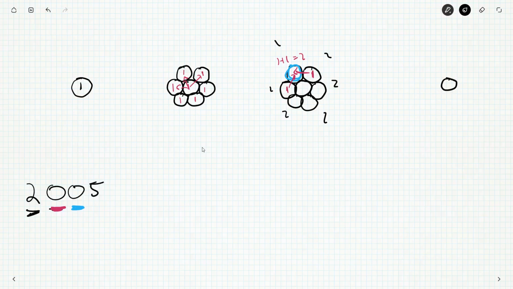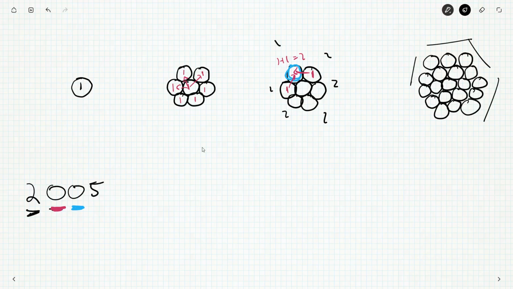So now we ask ourselves, how can we get to the 5s? So the 5s are a little further out. Okay. So we're sort of building hexagons as we go, and I admit this isn't the best picture.